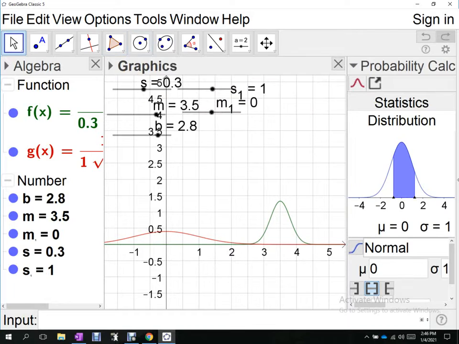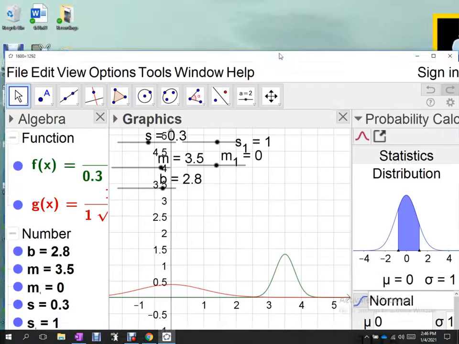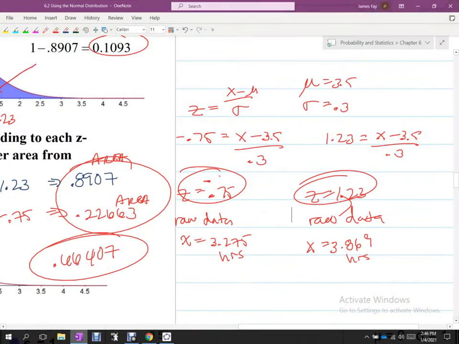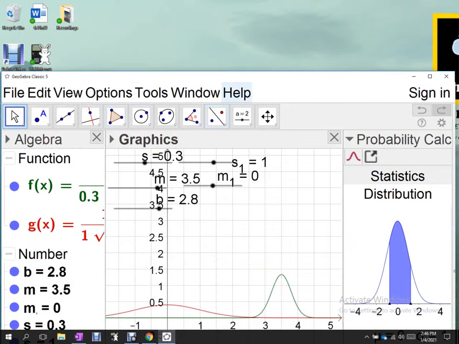It's going to be kind of nasty looking overlap here, but I think you'll be all right with it. So we had a 3.275.